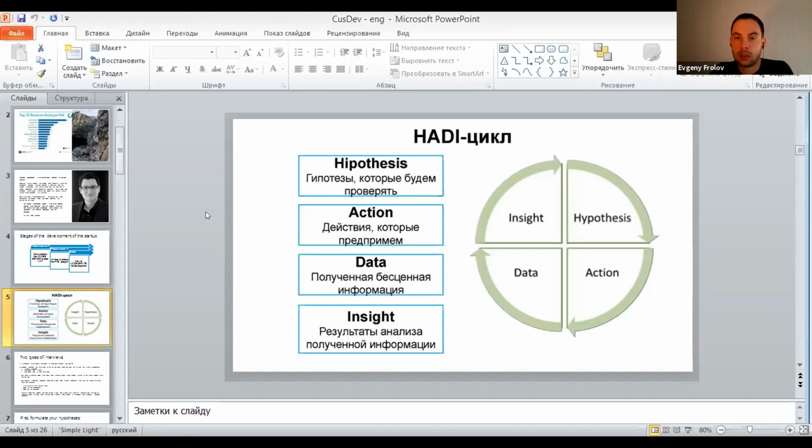We create an idea and hypothesis about what should be the result of our iteration in a week, for instance. Then, of course, we have to make some actions and then collect data. And what is most crucial here is to analyze what's going on and to create new ideas about where to go.